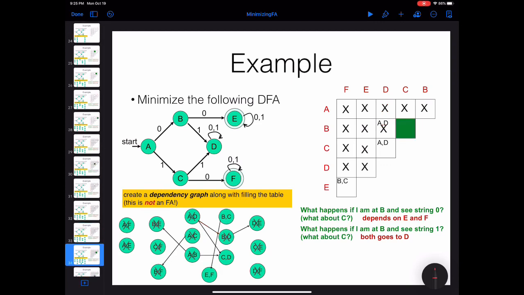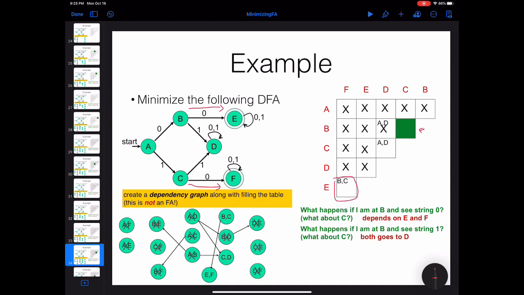So the next cell to check is this cell here corresponding to B and C. If you check the transition of B and C, B over 0 is going to E and C over 0 is going to F. So I already know that the equivalency of B and C is going to depend on E and F. Do I know anything about E and F so far?